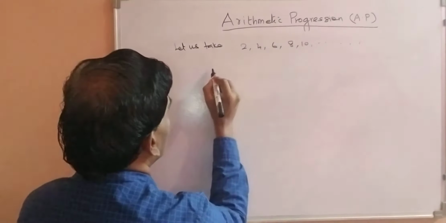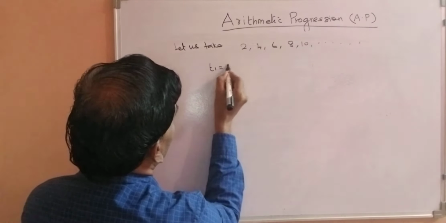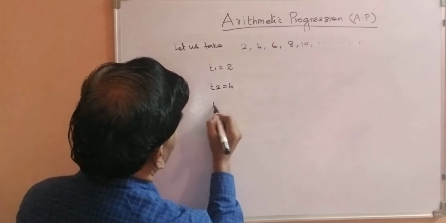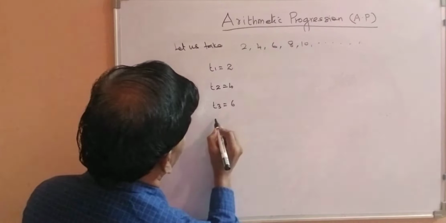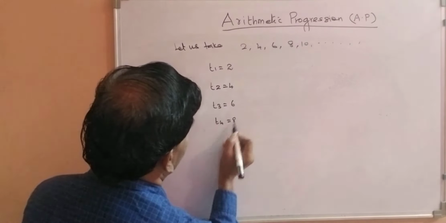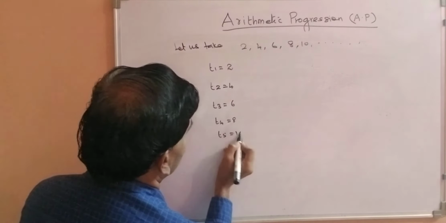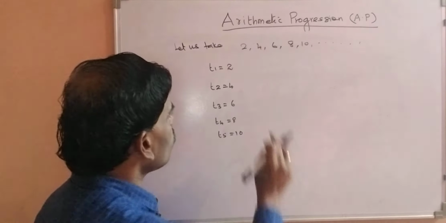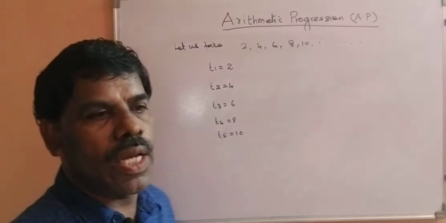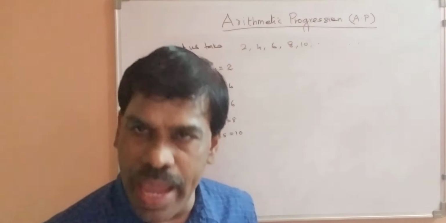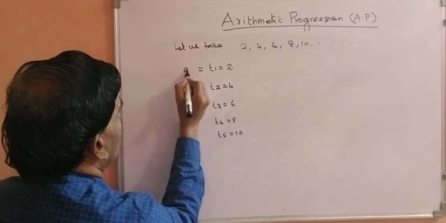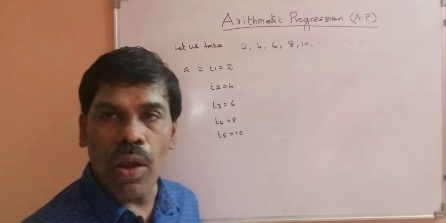So, here first term is 2, second term is 4, third term is 6, fourth term is 8, fifth term is 10. Right? Now, what is the first letter of the English alphabet? A. So, sometimes we call term 1 as A also.